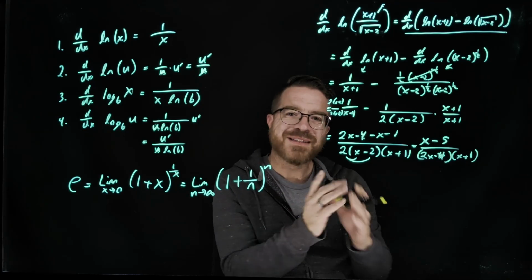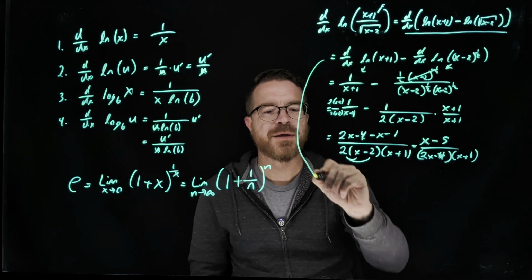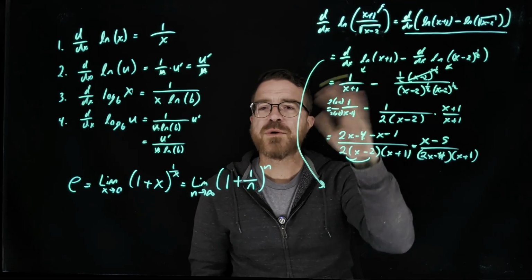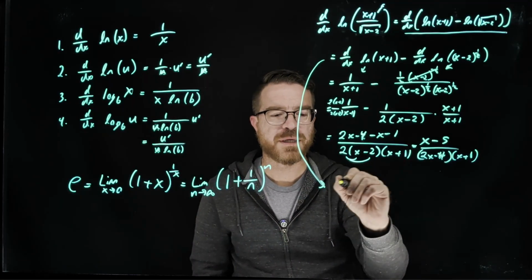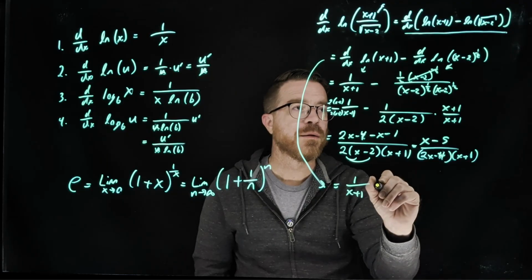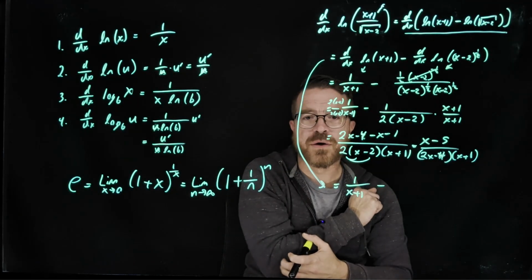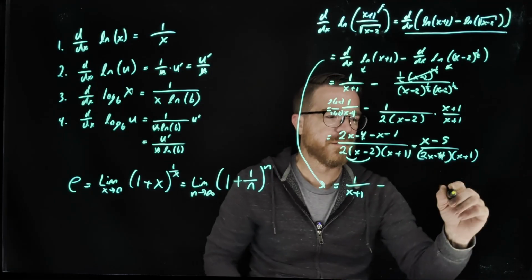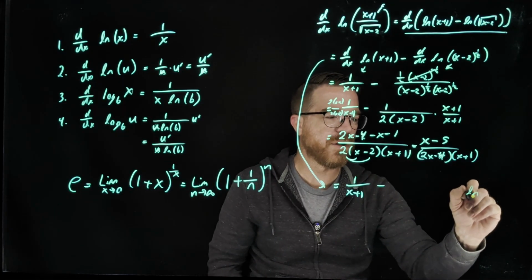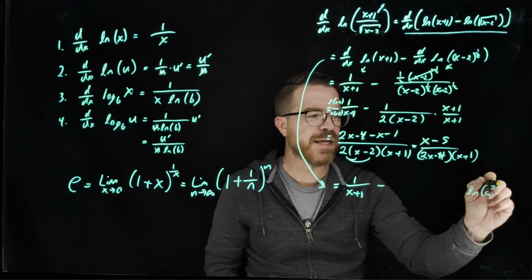But we actually could have done this even easier. So let's go back to this step. For the derivative of the first one, we're not changing anything. So this is still just going to be 1 over x plus 1 minus. But whenever you have the natural log of something to a power, right? So let's say you have the natural log of a cubed, whatever a is.